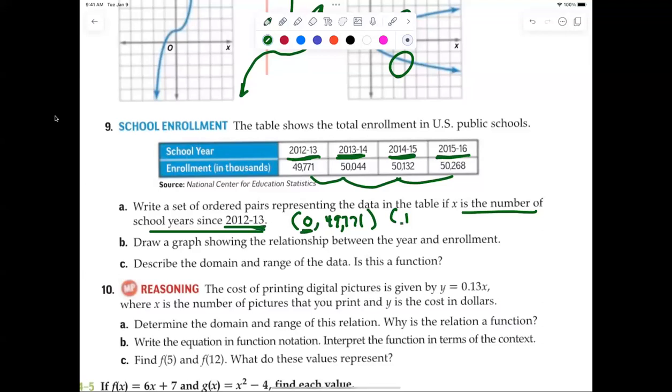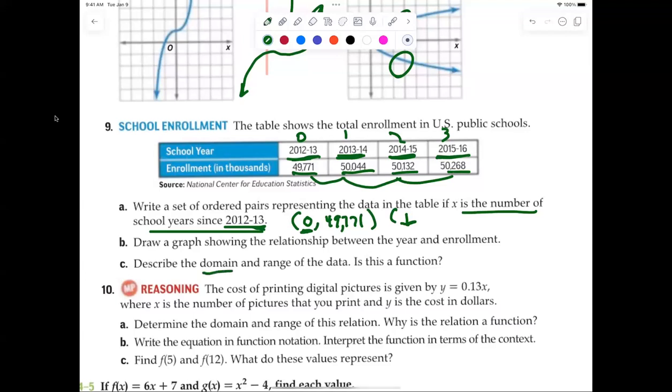Every year after that is going to be a 1. Then the next year after that is going to be a 2. And then after that, it's going to be a 3. These are the number of students. Do we agree with that? Yes? All right. Do I want to really graph 49,771? No, I don't. I'm just trying to show you how to write those as an ordered pair.